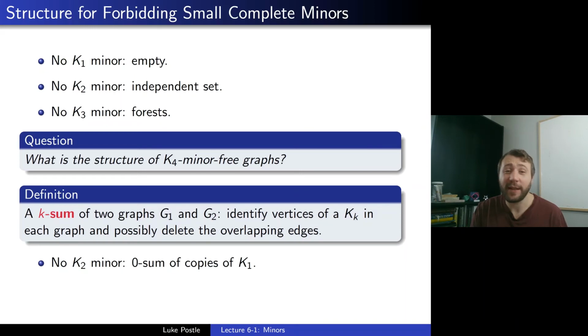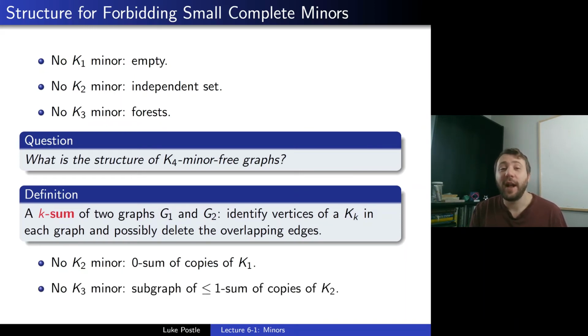You might not realize it, but forests follow a similar pattern. They're taking essentially less than or equal to one sum of copies of K2, except I have to say subgraph because I have to also allow K1, or I could say K1/K2. But it turns out forests are the subgraphs of at most one sum of copies of K2. So we have kind of zero sums of copies of K1, one sum of copies of K2.